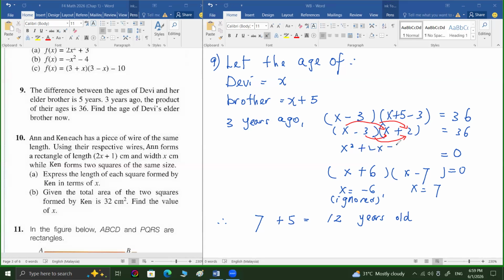This one minus 3x, 3, 2, 6. Now, shift the 36 to the left. Minus 36, you get 0. So simplify. 2 minus 3, you got negative 1.